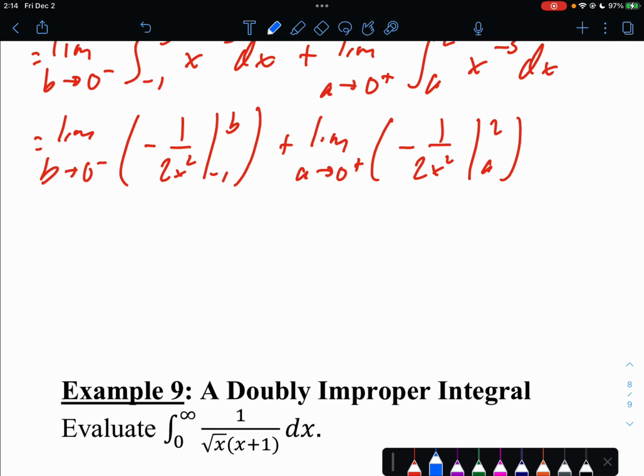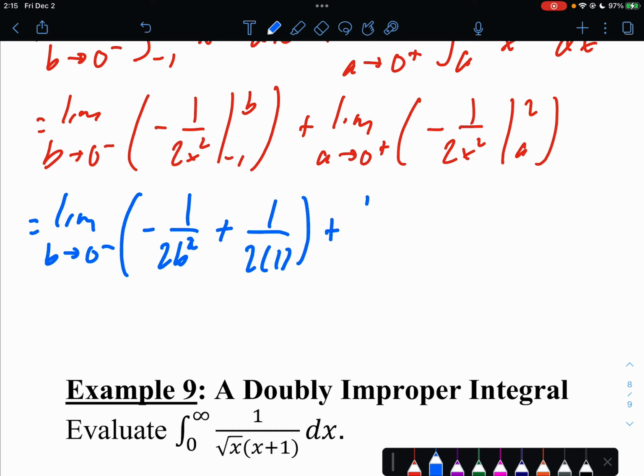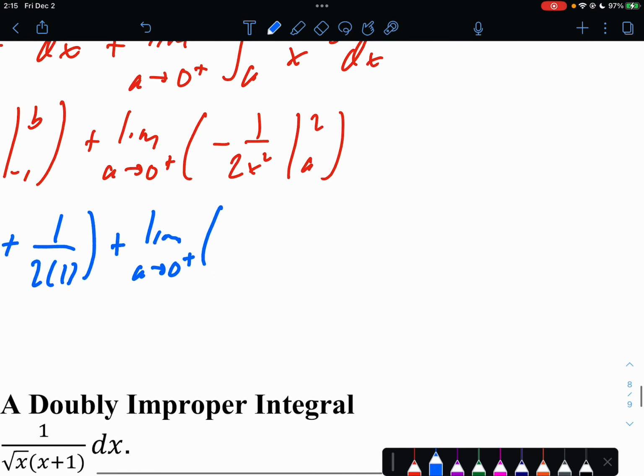Now if I substitute in my bounds, I would get negative 1 over 2b squared minus, so plus 1 over 2 times 1, plus limit as a approaches 0 from the right of negative 1 over 8 minus negative, so plus 1 over 2a squared.